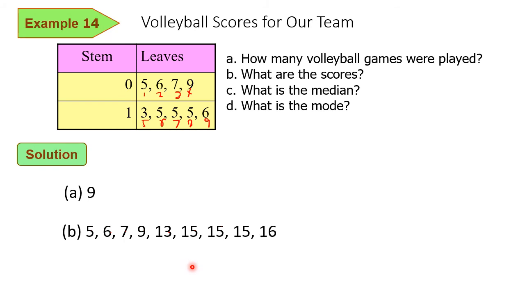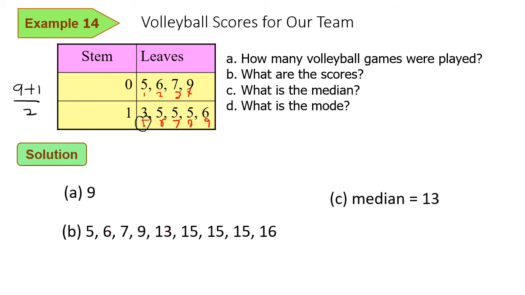Next, how about the median? Remember in the previous example, if the number is odd, we divide by 2. So 9 plus 1 over 2 would be the 5th observation, right? The 5th observation is located here, so the median should be 13.